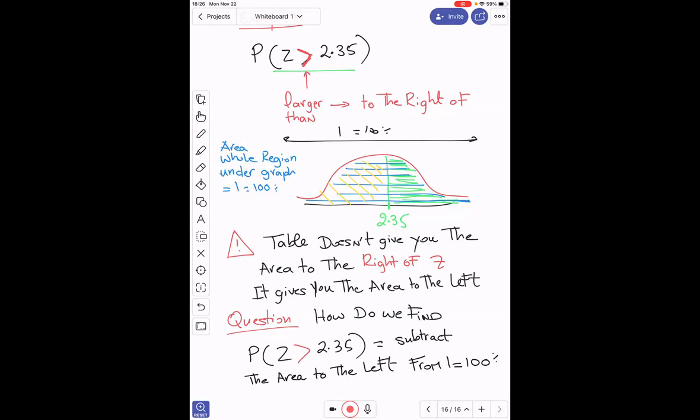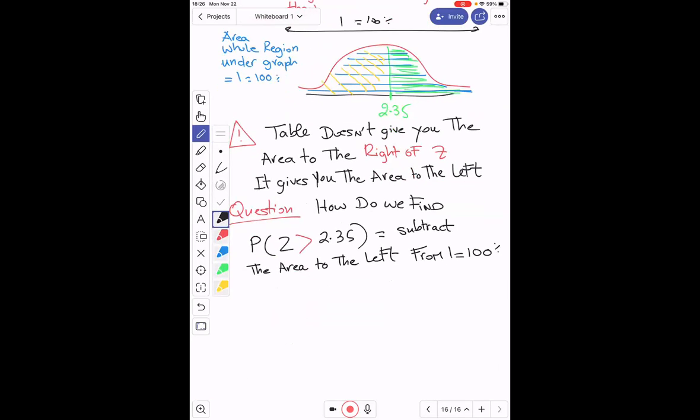So this is equal to 100%, which is the area of the whole region under the graph, minus the area to the left. The area to the left is the probability that z is less than 2.35, because it's less, right?